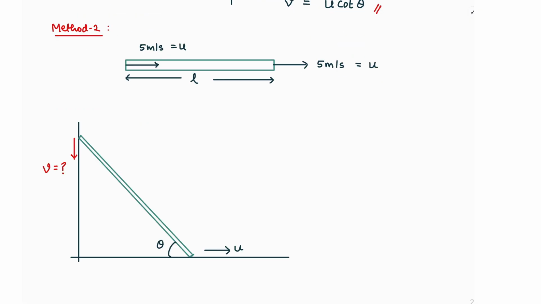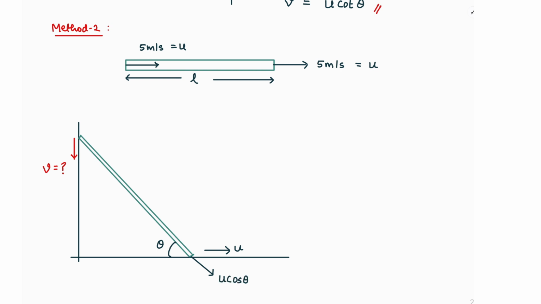In this diagram, if we break the component of u, this point is moving with u in the horizontal direction. Along the length of the rod, the component will become u cos theta.